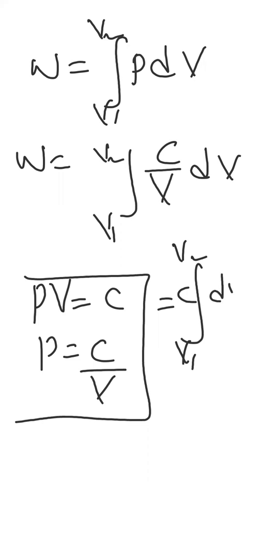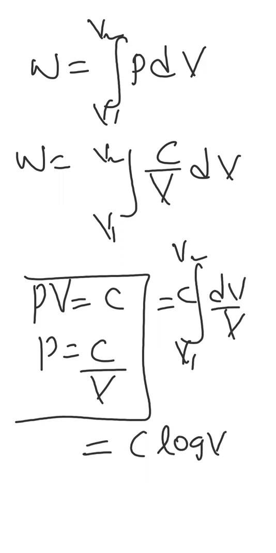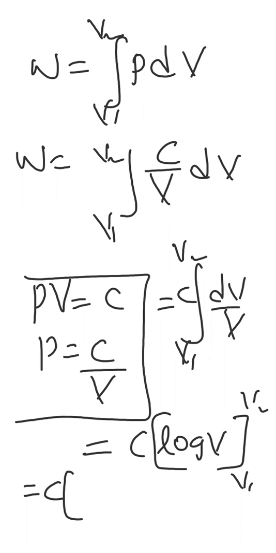C will come out. The integral of 1 by V is log V, you know the formula, from V1 to V2. Log V2 minus log V1. Note down till this, and raise your hand, then I will further solve it.